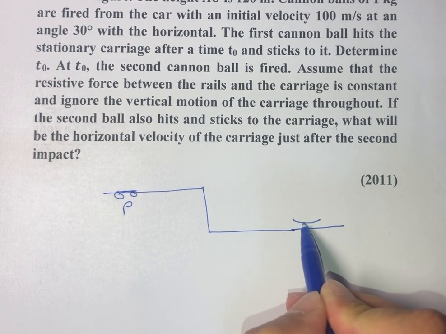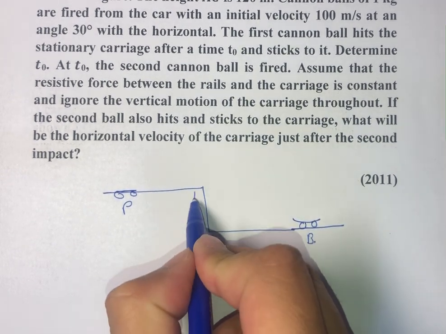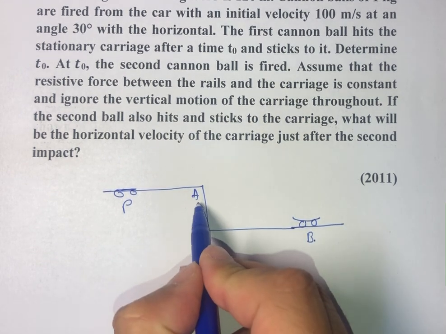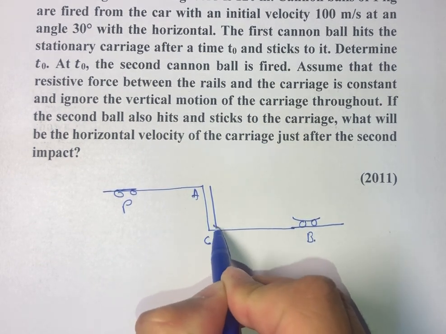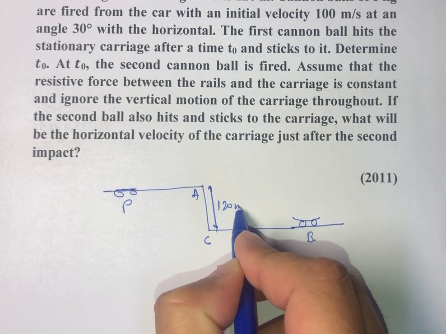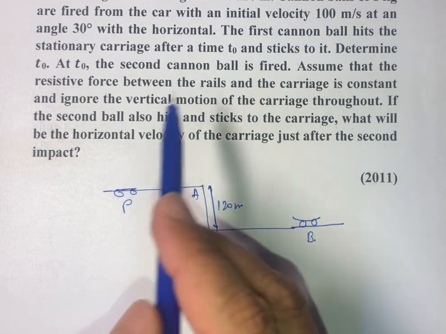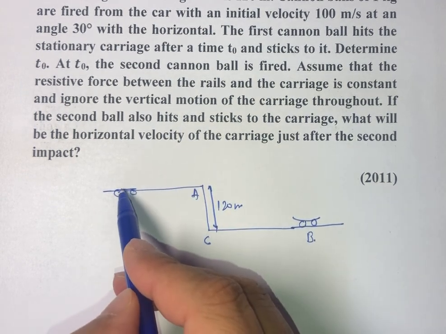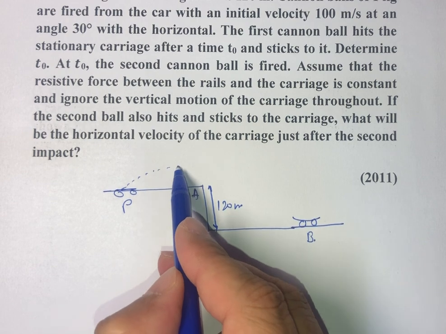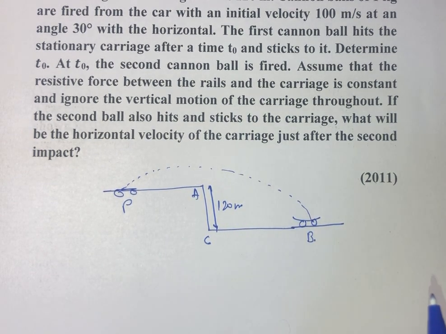So this is the carriage. Let us say this is B, and this is point A, and this is point C, and this height is given as 120 meter. AC is 120 meter.